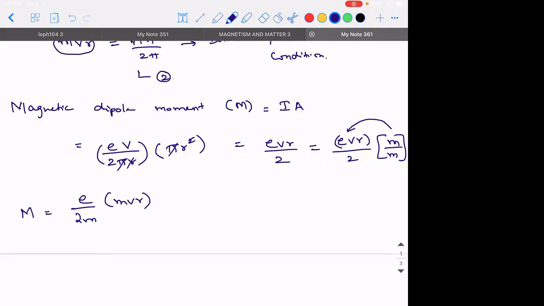It is the magnitude of the magnetic dipole moment: e divided by 2m into mvr. Can I write this as e divided by 2m into capital L, where capital L is the angular momentum?